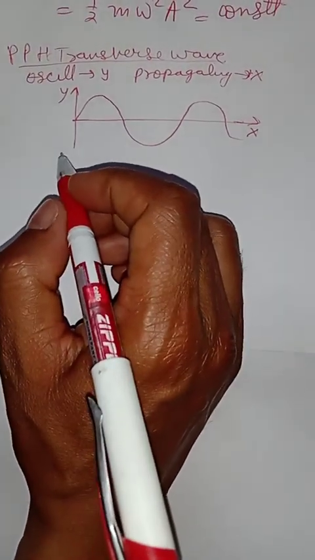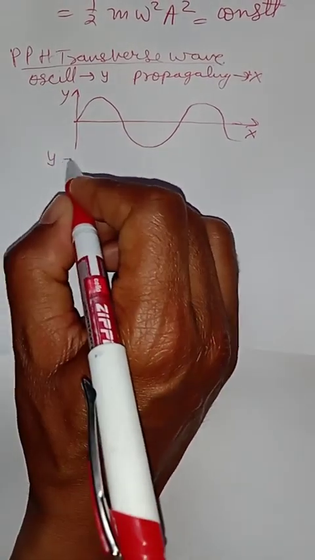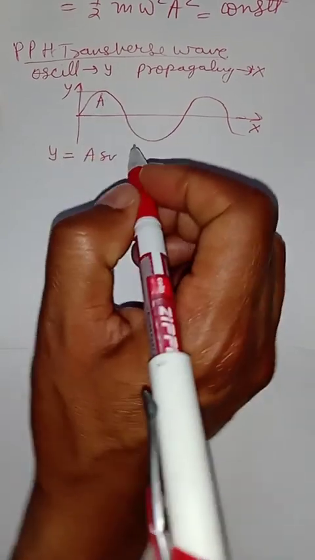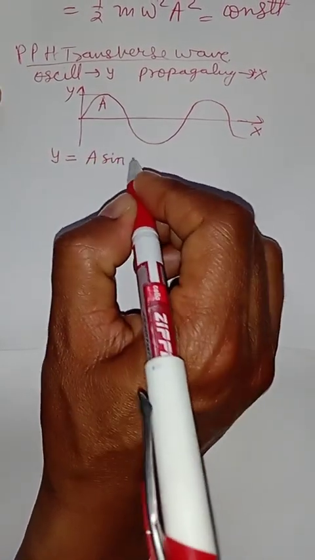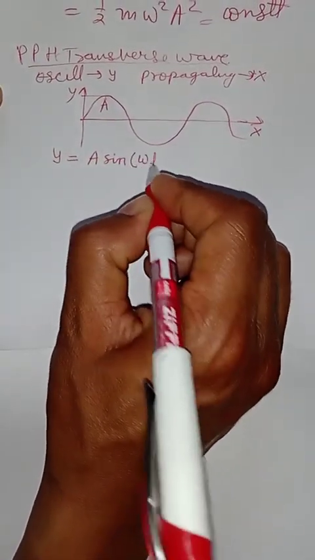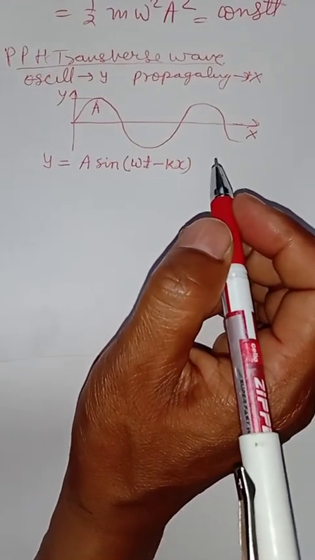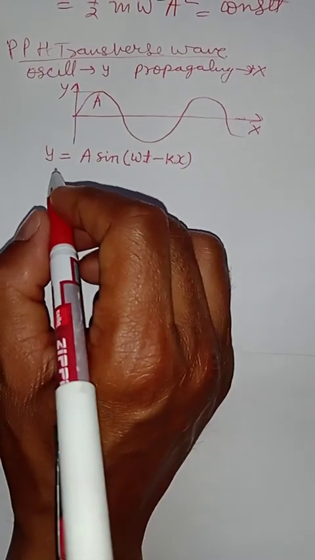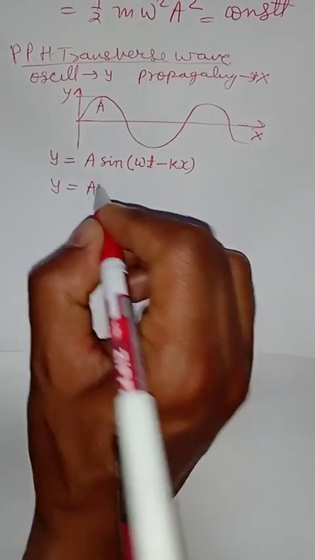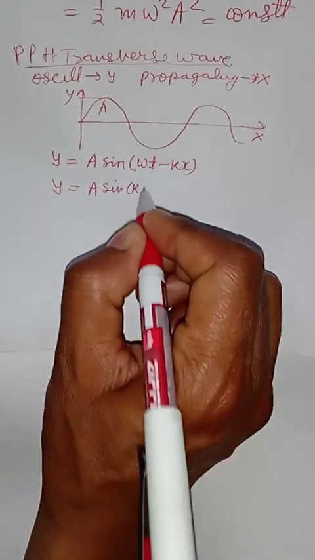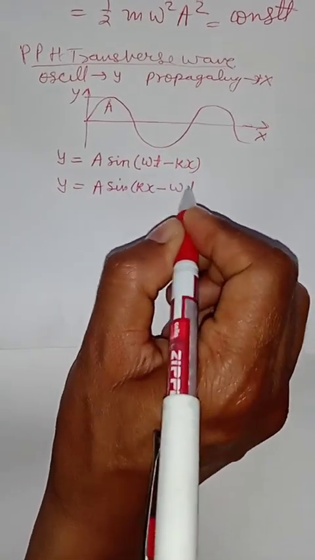So its most probable equation is y equal to a sine, where a is the amplitude, y is equal to a sine omega t minus kx, or in a different manner it can also be written as y equal to a sine kx minus omega t.